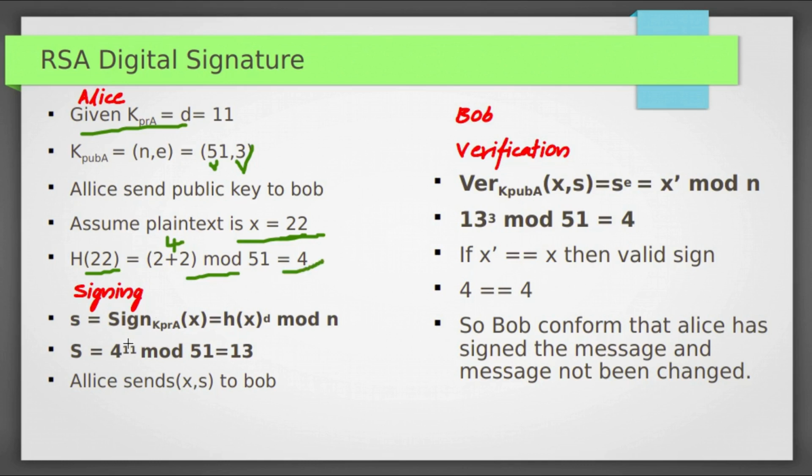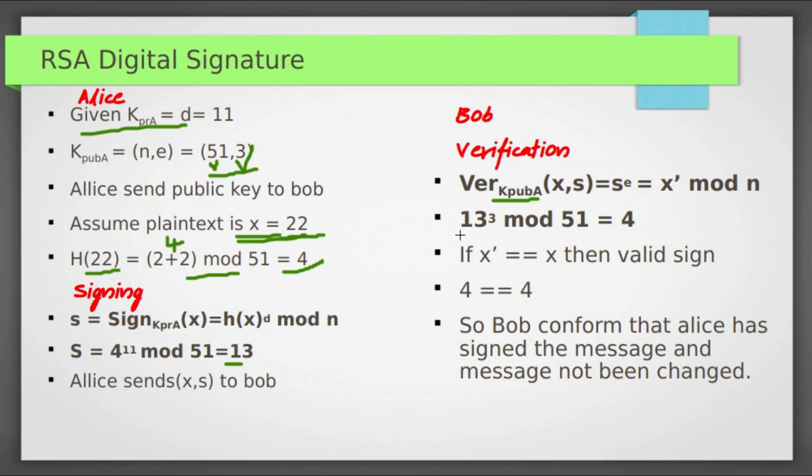Signing operation: 4 power 11 mod 51 will be 13. It is the signature value. Alice sends this document X and signature S to Bob. Bob will verify the signature using Alice's public key, which is 51 comma 3.